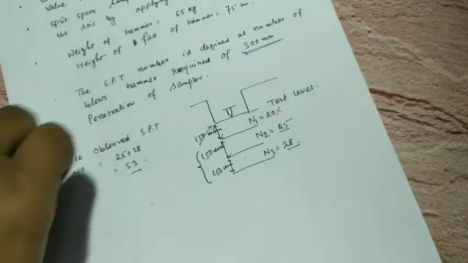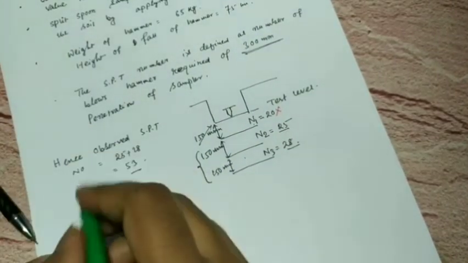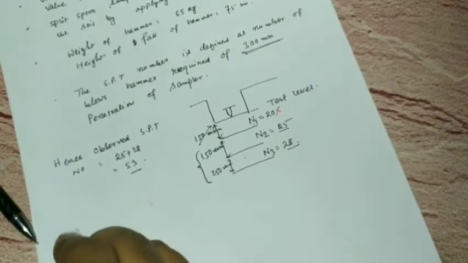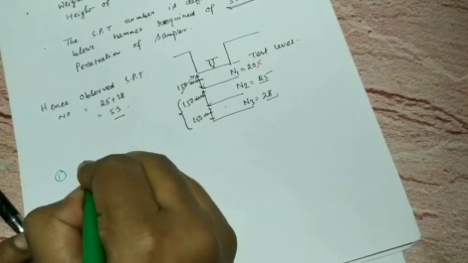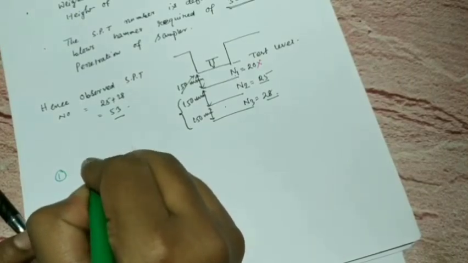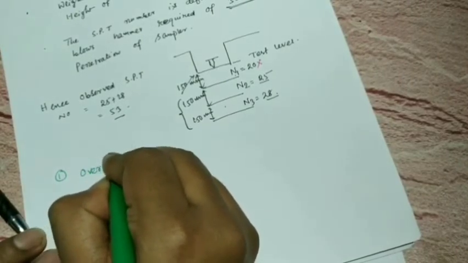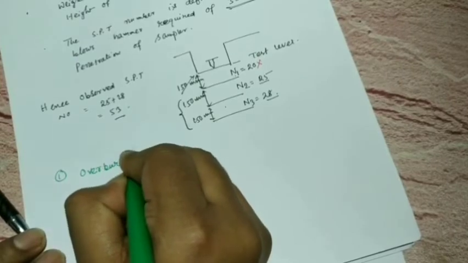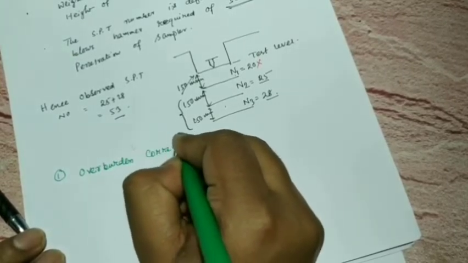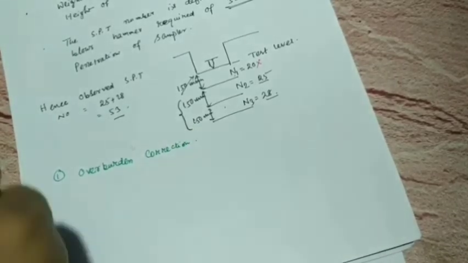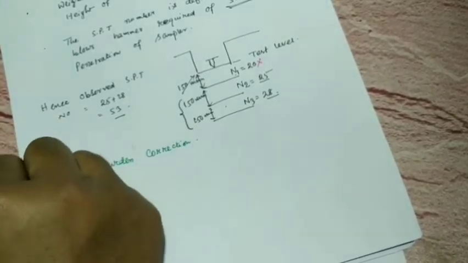Okay, one correction is called overburden correction, very important. Another is called dilatancy or water table correction.